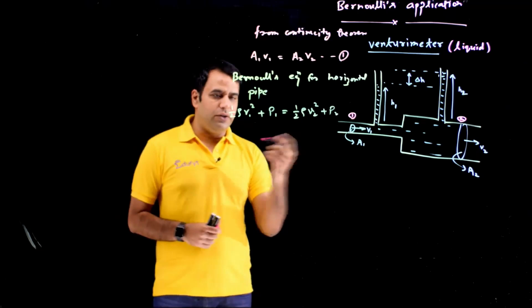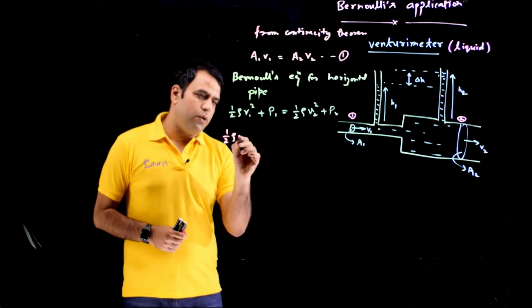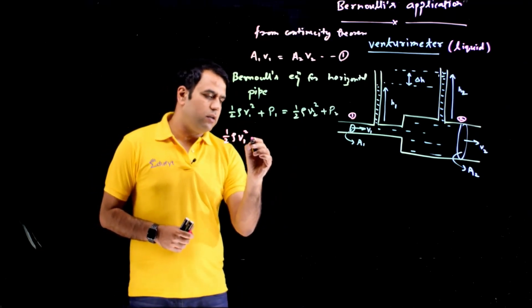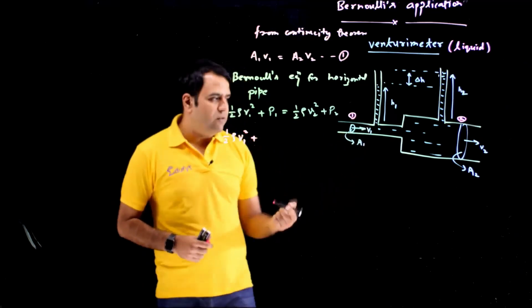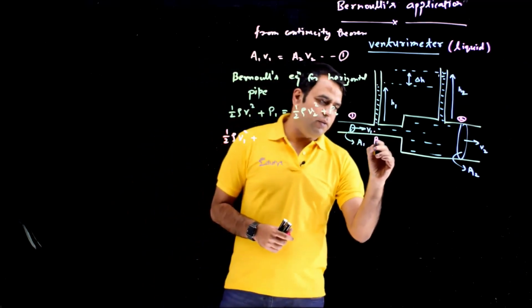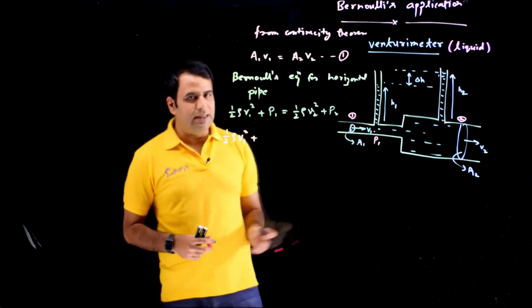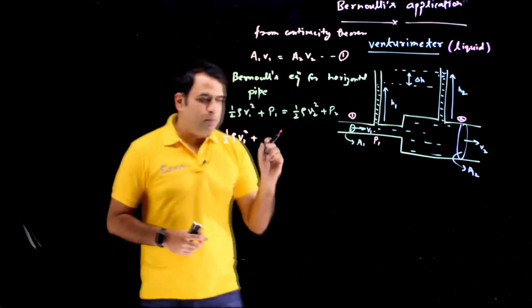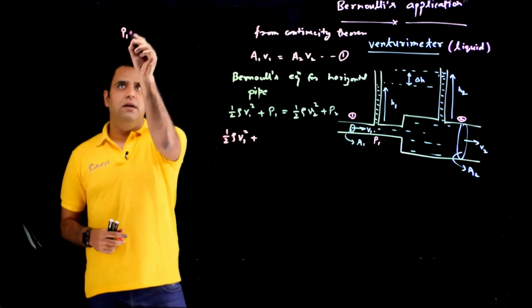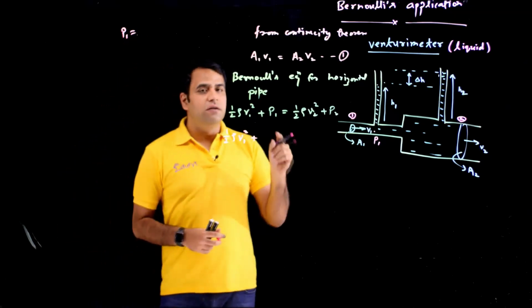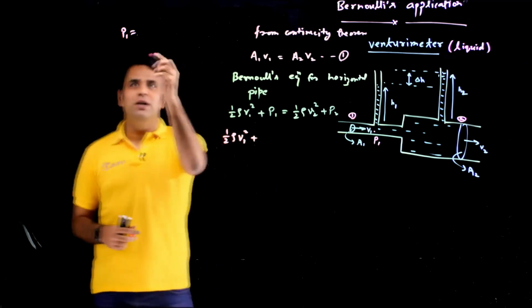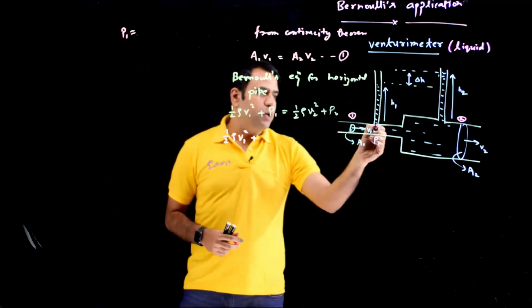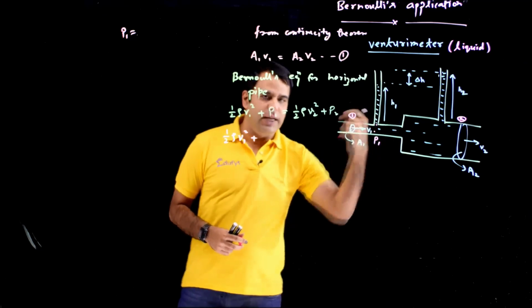So let's put in the values. Half rho V1 square, and then we have to write the value of P1. P1 is the pressure at this point. To calculate this pressure, we don't have any direct means, but we do have a way. This P1 we can measure from fluid statics. The pressure at this point is equal to the pressure at this point plus rho g H1.